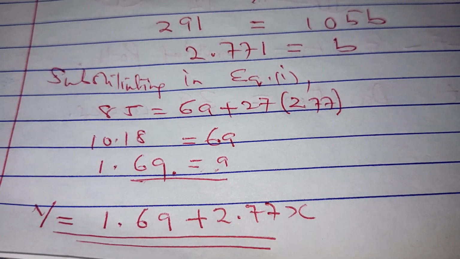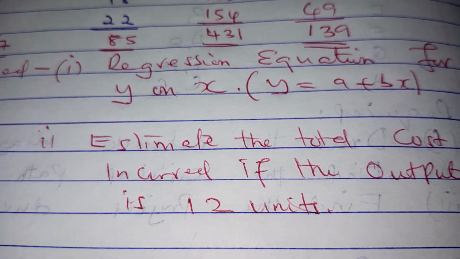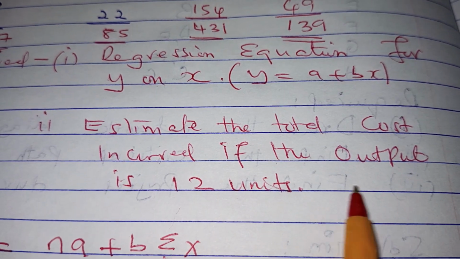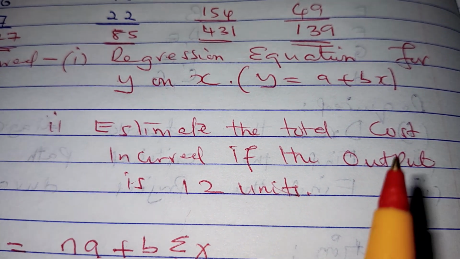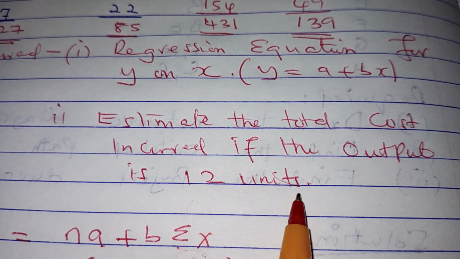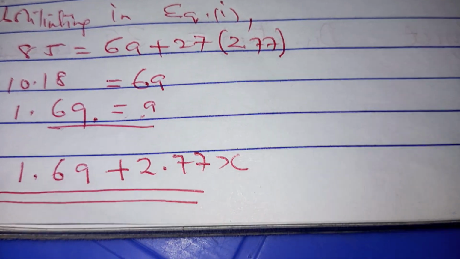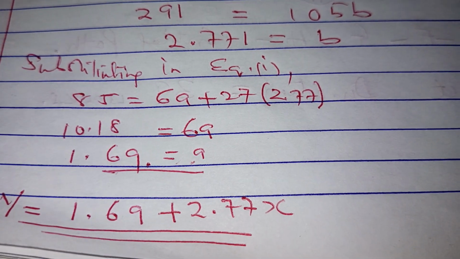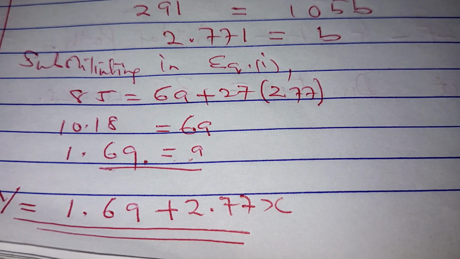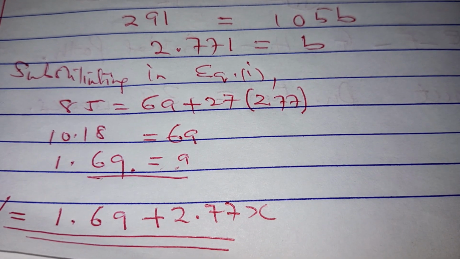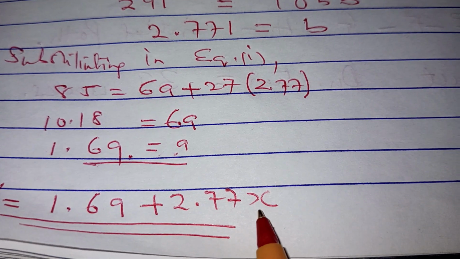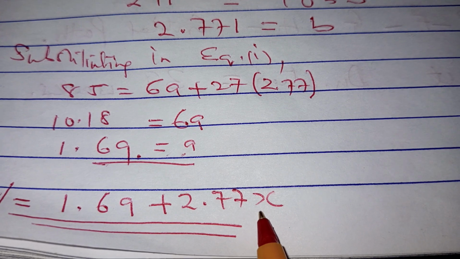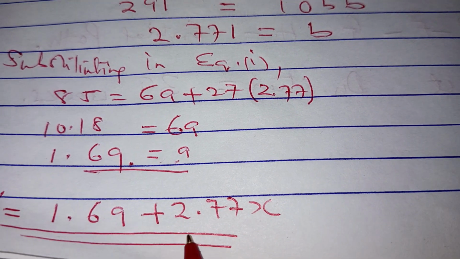Roman 2 is asking us to estimate the total cost incurred if the output is 12 units. Once we have this regression equation, we only need to get the total cost of production by inserting 12 units where we have x in this equation.